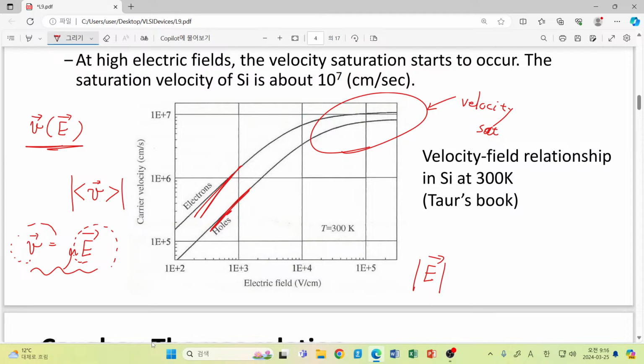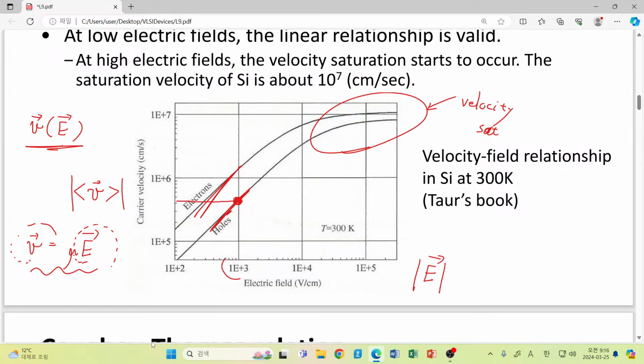So for example, if we say this is the case for 1 kilovolt per centimeter, if the velocity is given here 1, 2, 3, 4, then we expect that at 10 kilovolt per centimeter, we expect such kind of behavior, our hole velocity.